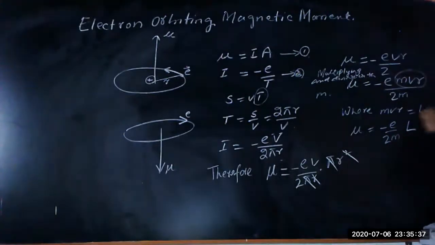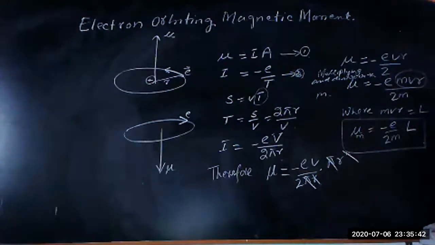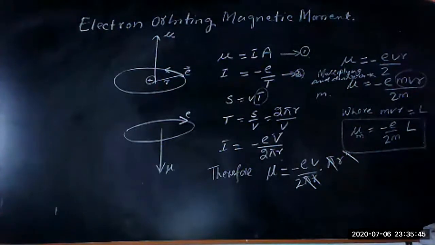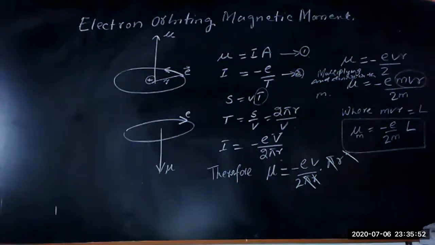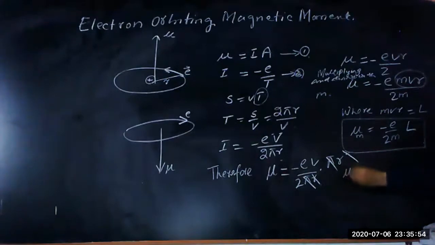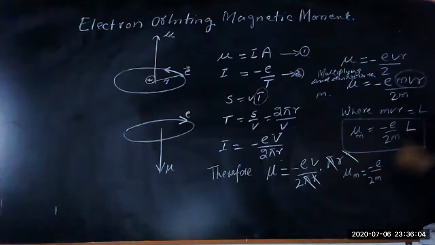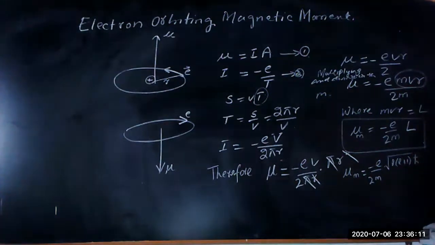This is known as the magnetic moment, which we call mu m, and L is the angular momentum. The angular momentum is quantized in space, so L can be written as square root of l into l plus 1 into h cut.